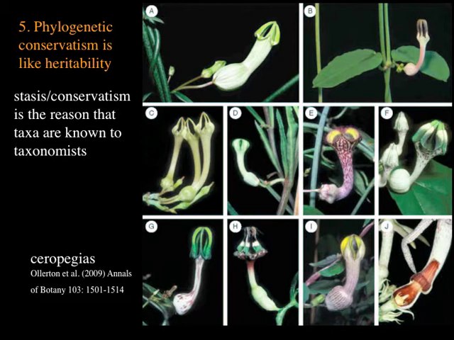Because the ones that have nectar can appeal to all sorts of different pollinators, whereas the ones that have specialized on having no nectar at all can only appeal to the pollinators that can be fooled into doing stuff without getting a reward.